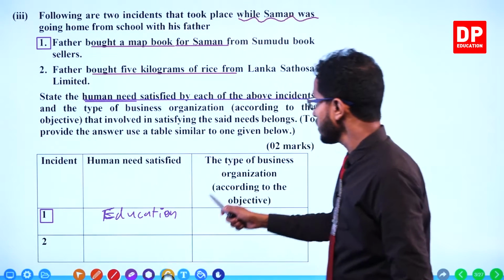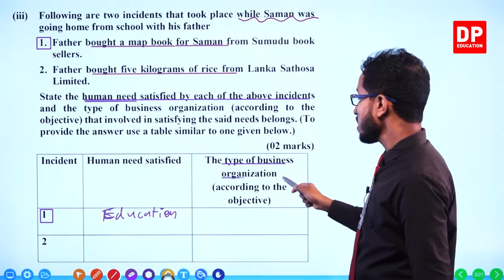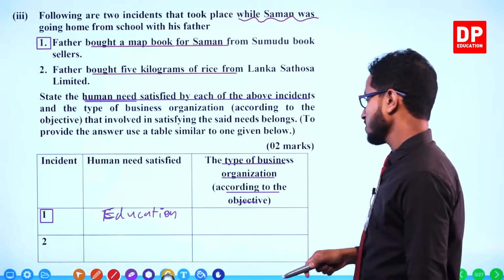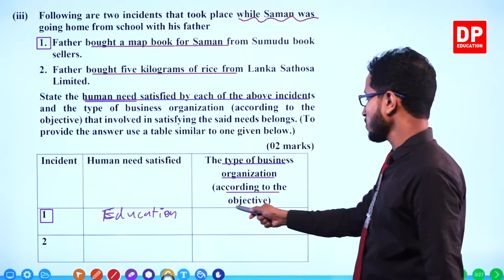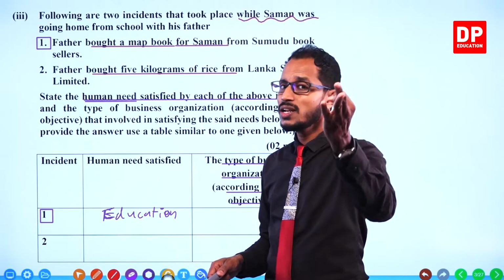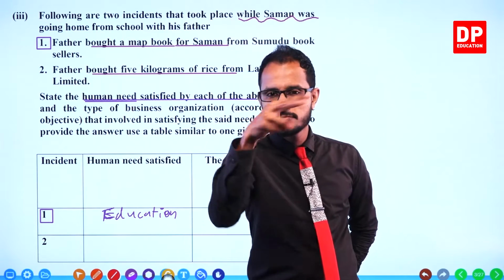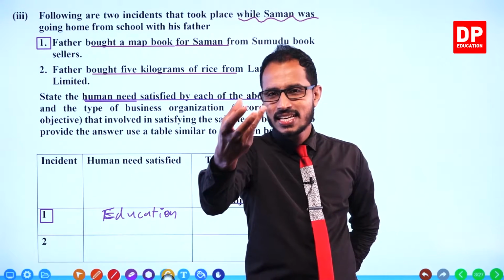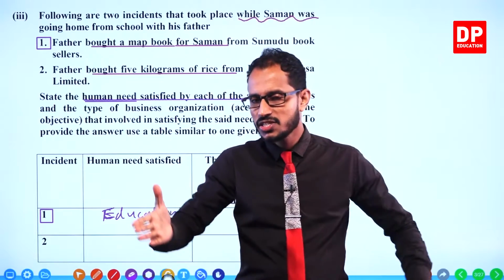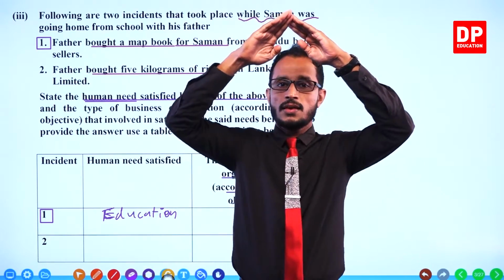You need to write the type of business organization according to objective. That is what you should notice here. They're asking what the business organization is according to their objective. Objective-wise, businesses are categorized into two main categories.